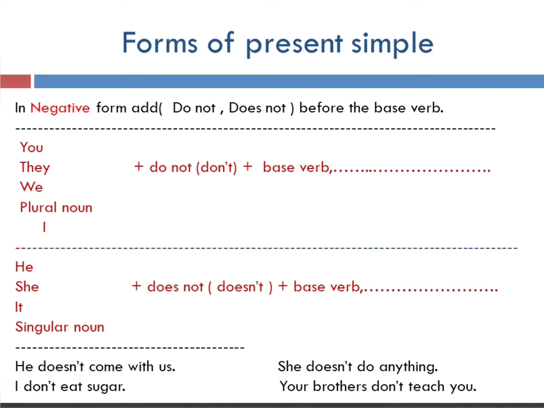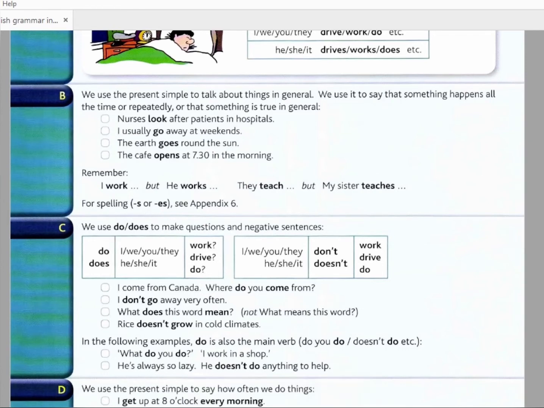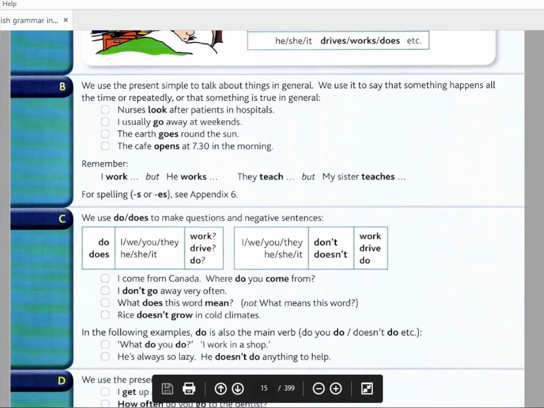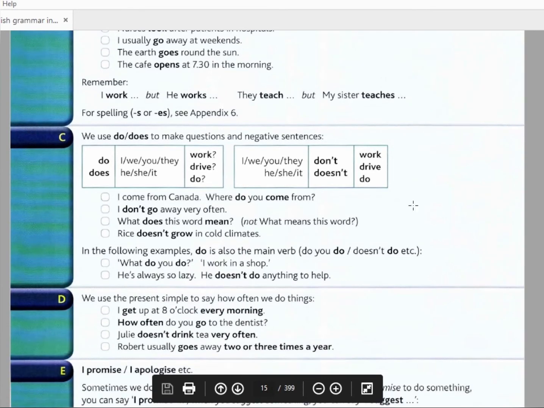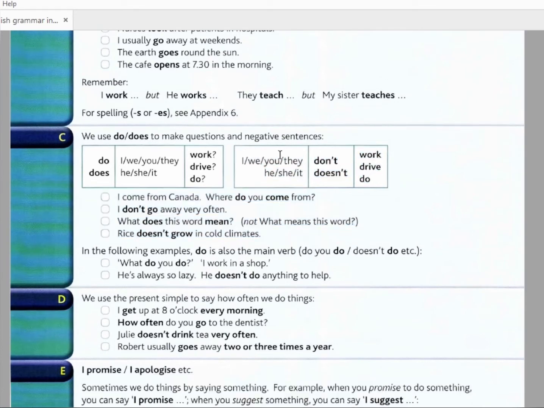Let's see the book. What we have about this one. This is about the interrogative form. For example, see this rule. This is the rule of the negative form. If you have I, we, you, they, you will just add don't and then the base verb.